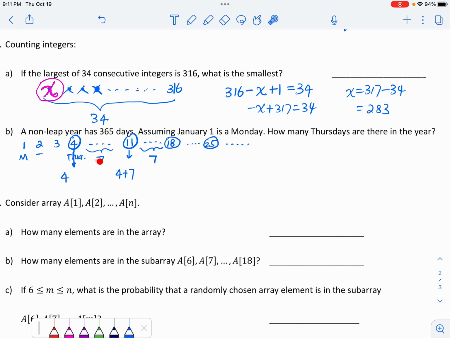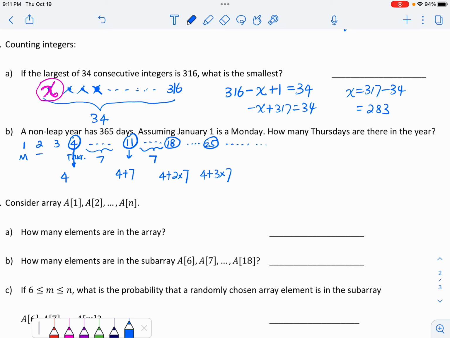That means there will be 2 of the 7 days from the first Thursday, so it should be 4 plus 2 times 7. And of course, the next one will be 4 plus 3 times 7, because from the 4th day of the year to the 25th day of the year, we have 3 weeks in between, so 3 times 7, and so on and so forth.